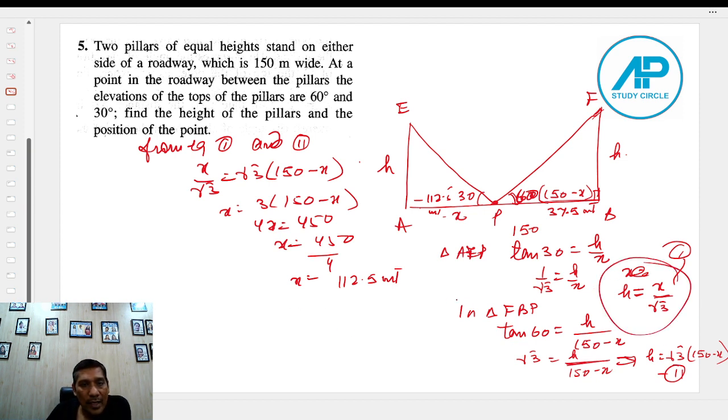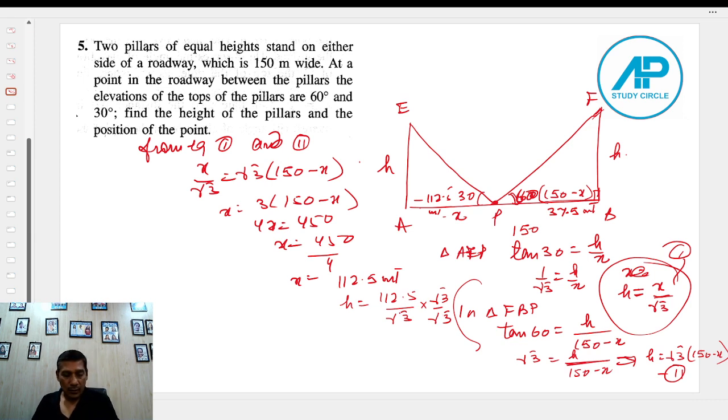You put the value of x here. h equals 112.5 upon root 3. 112.5 should go directly by 3, it is 37.5, into root 3. We multiply this value by 1.732 to get the height of the pillars.